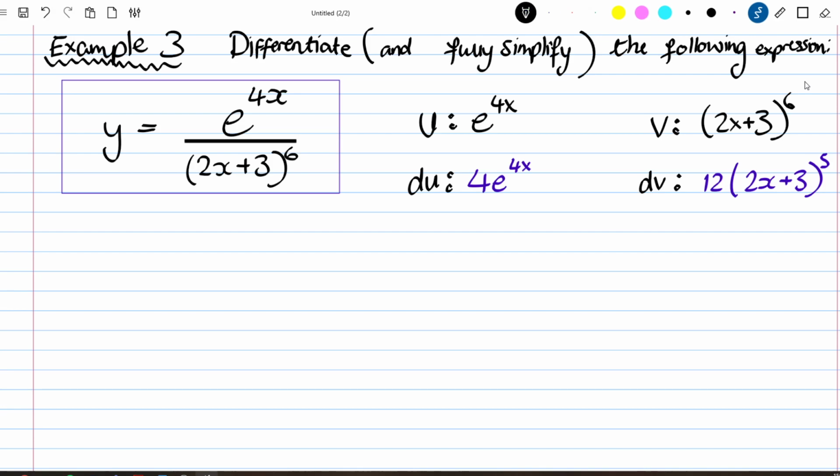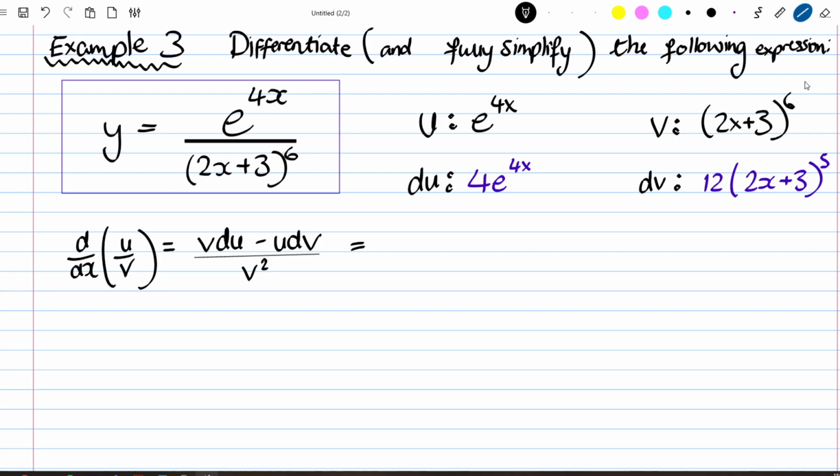All right, now, once again, the quotient rule says that if I'm differentiating this fraction, this is what I should get. Let's just get that very quickly.